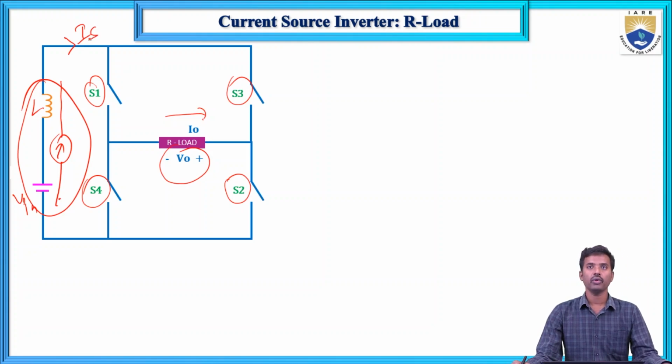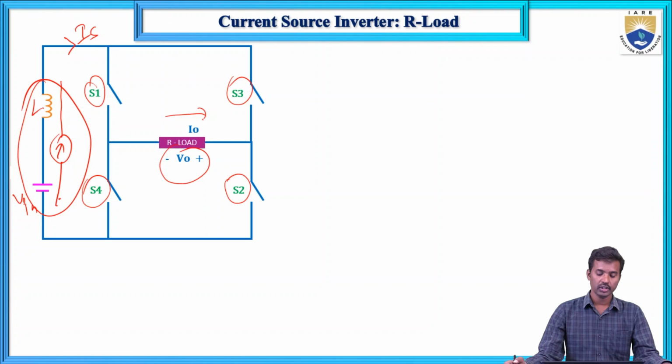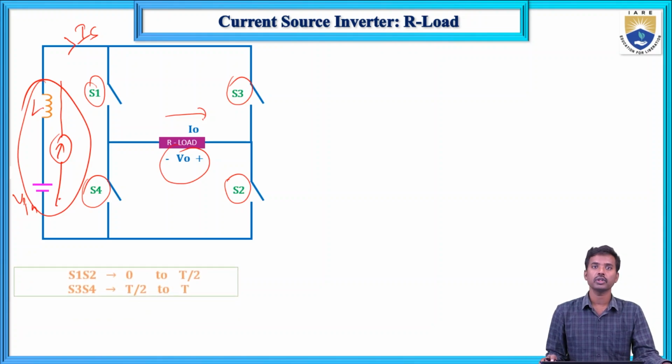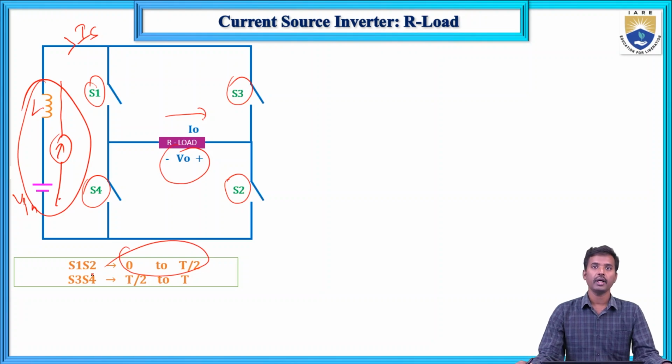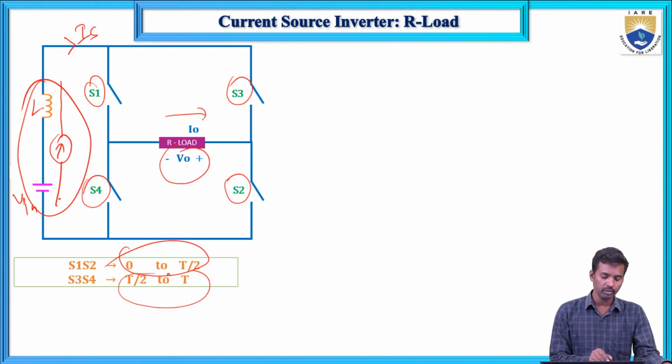Now how will it operate? First, S1 and S2 will conduct from 0 to T by 2, and next from T by 2 to T. What will happen from 0 to T by 2?